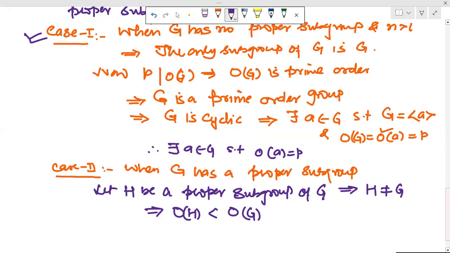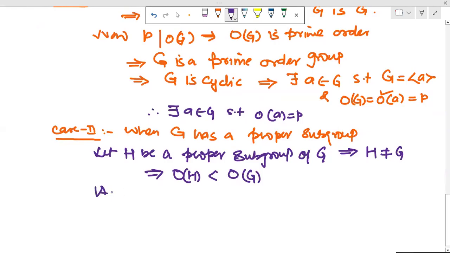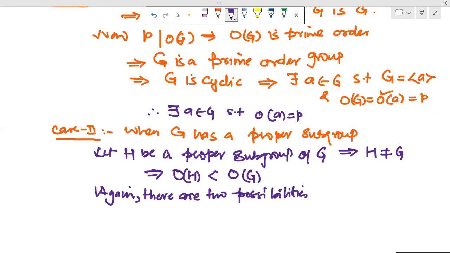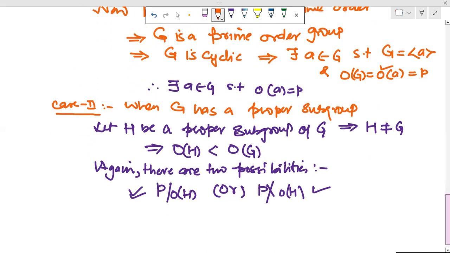Now there are again two possibilities: P divides the order of H, or P does not divide the order of H. These are the two possibilities we are getting, because P already divides the order of G. So we are getting two subcases.